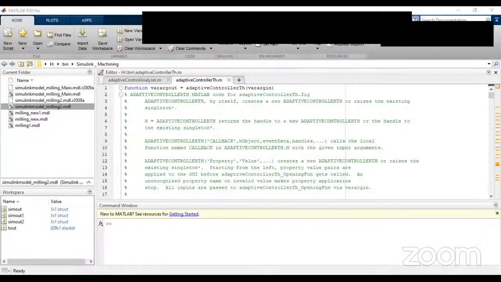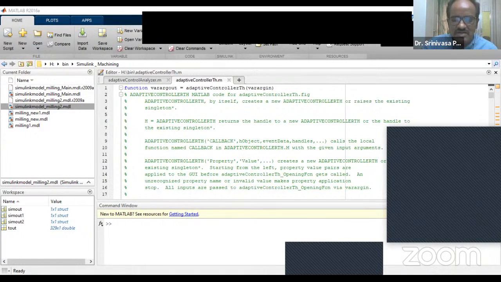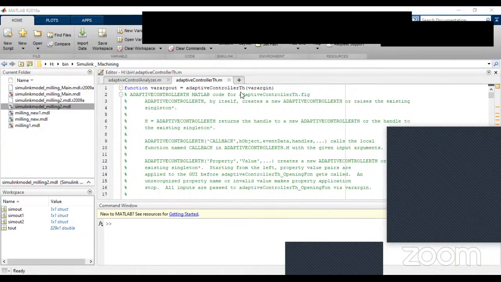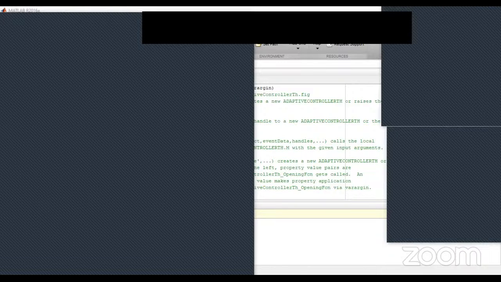Sir, can you help me how to do this? I'm trying to show the MATLAB application. It is not visible, sir. You can share the screen, sir. Yeah, it is visible, sir, now. Sir, but some black patches are coming, sir.